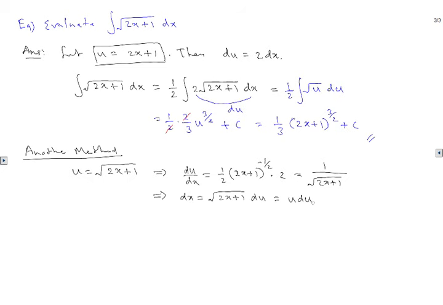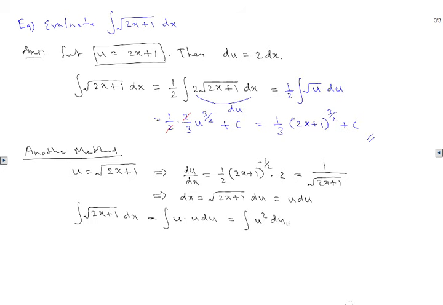Now let's look at the integral. We have the square root of 2x plus 1 dx, which equals u, and dx equals u du. So your problem becomes the integral of u squared du. Note that this u and the other u are different.